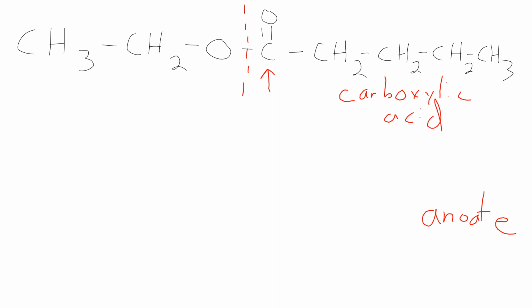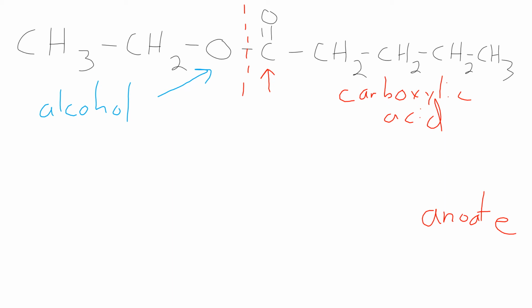The side with the oxygen originally came from the alcohol. So you're going to dissect the molecule and identify the two pieces, always splitting the molecule between the C double bond O and the C single bond O. Then the side with the C double bond O is the carboxylic acid side. The side with the oxygen is the alcohol side.